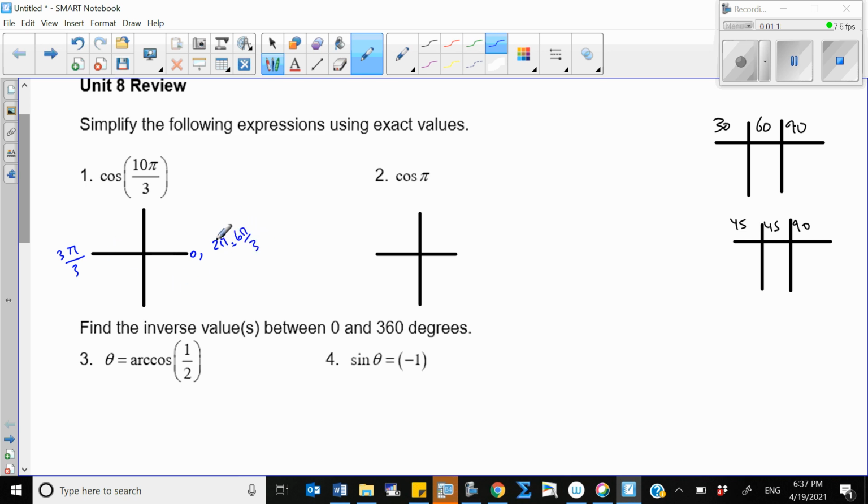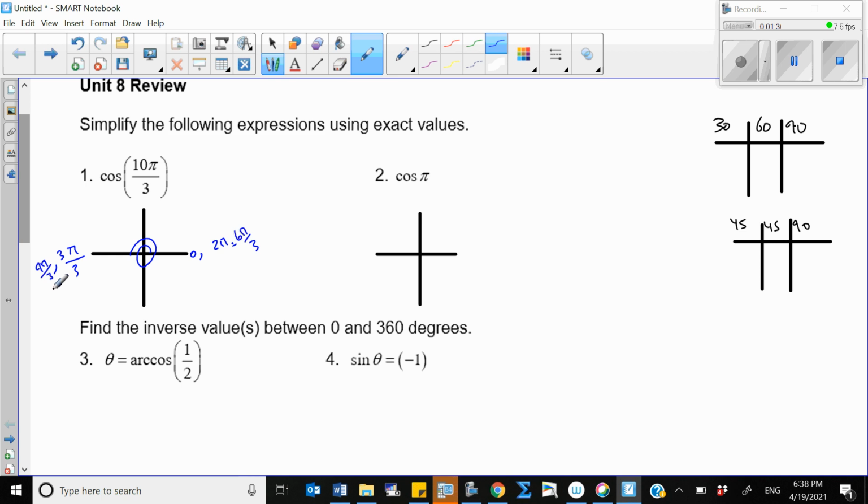I've not reached 10 pi over 3 yet. If I go another half circle, I add 3 pi over 3 to 6 pi over 3, and it's 9 pi over 3.